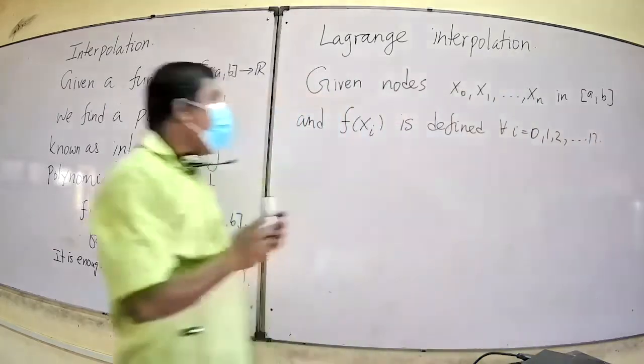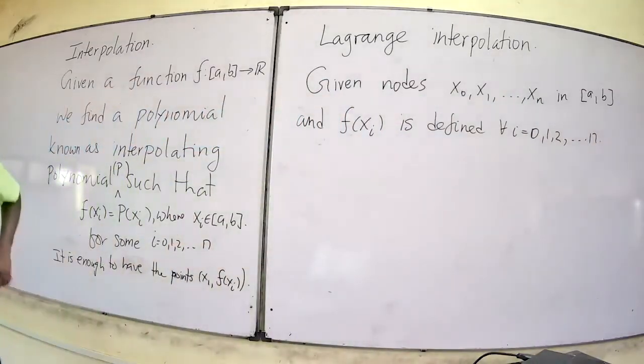Suppose that we have the nodes x0, x1, x2 up to xn, in the interval a comma b, and the function f is defined on those points, so we have the values f of xi on those points, right?